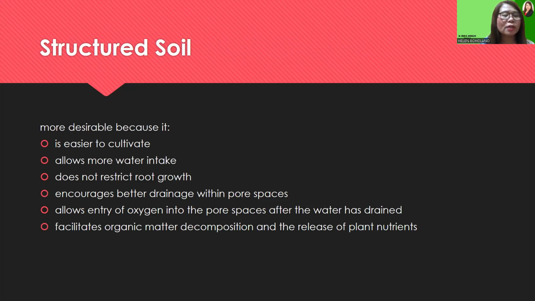Then we also have soil structure. Why is good soil structure more desirable? One, it is easier to cultivate. It allows more water intake, does not restrict root growth, and encourages better drainage within pore spaces.